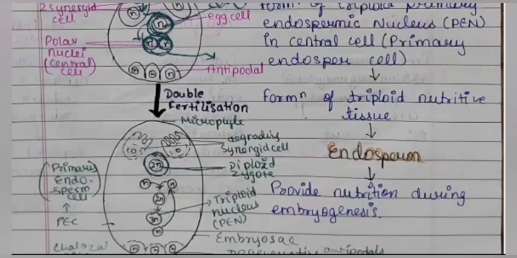So this is the zygote formed through syngamy, and this is the other male gamete reaching the polar nuclei and forming the triploid nucleus, which is PEN, the primary endosperm cell, which provides nutrition to the developing embryo.